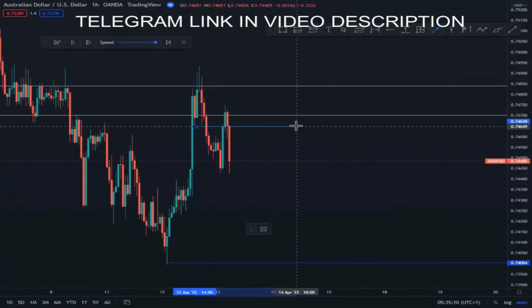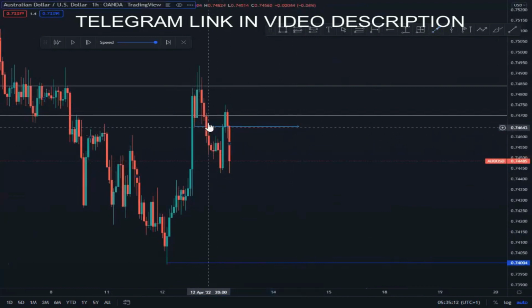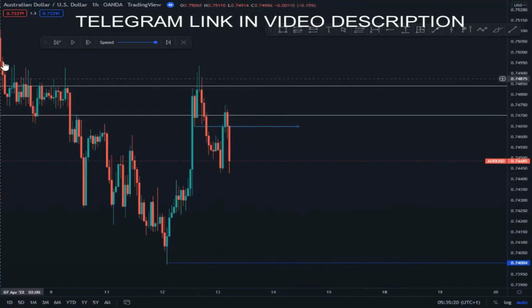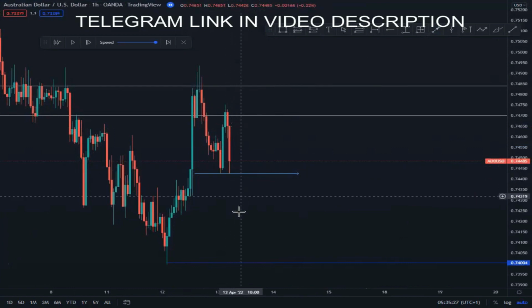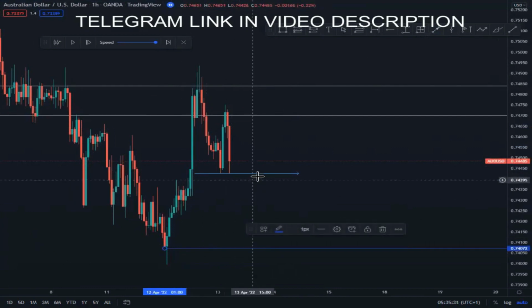And when this low was broken, I could have taken a sell or a retest or something. This was obviously the retest of this entire level here. So couldn't catch this because of the timing. So what I'll be looking for is the break of this low. So the break of this would take sells to target this 1 hour low. So this will be my trading range for today.